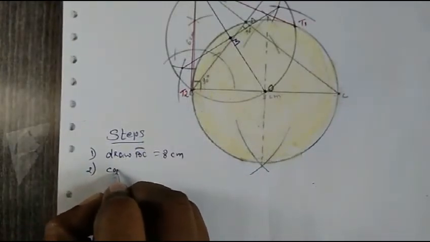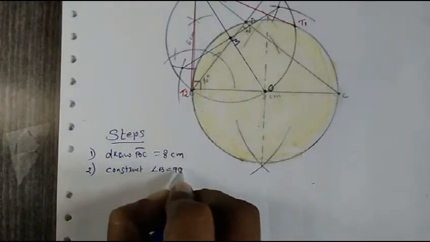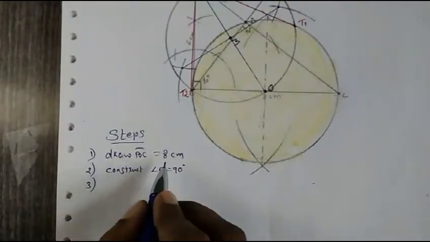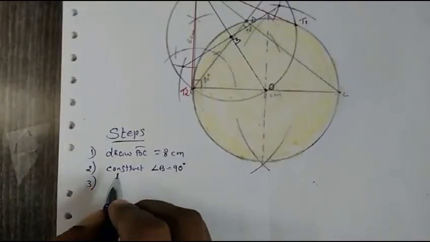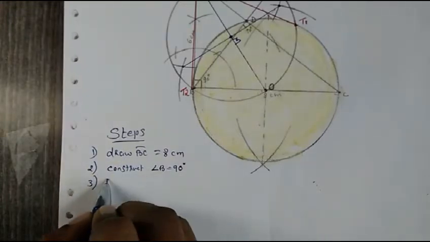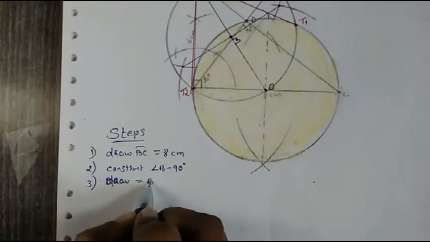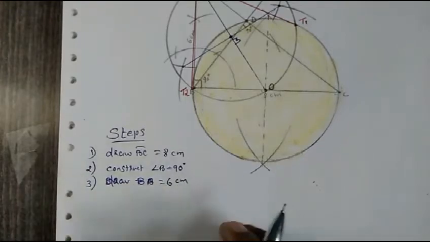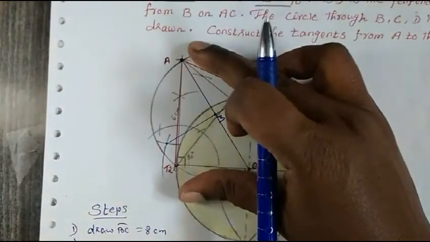Then we draw a perpendicular line at B, or you can say draw BA. BA 6 centimeter. After the 90 degree, we took BA as 6 centimeter.